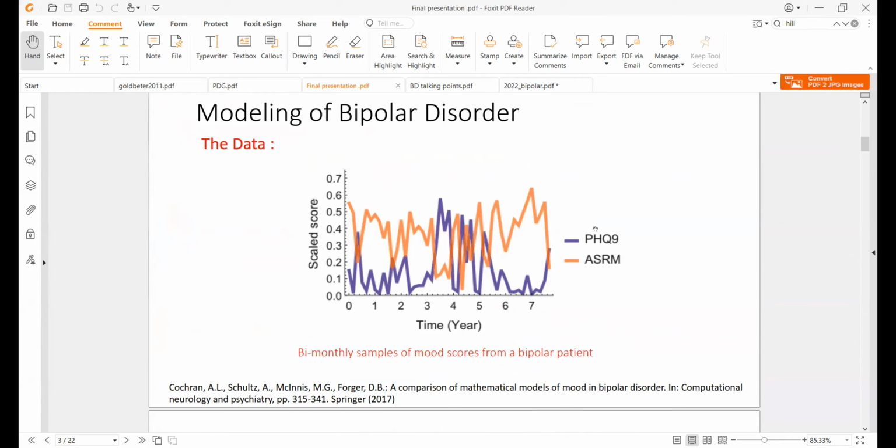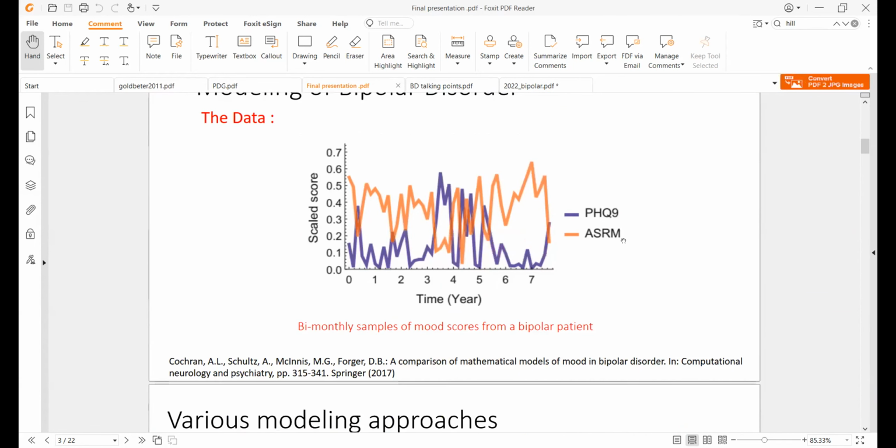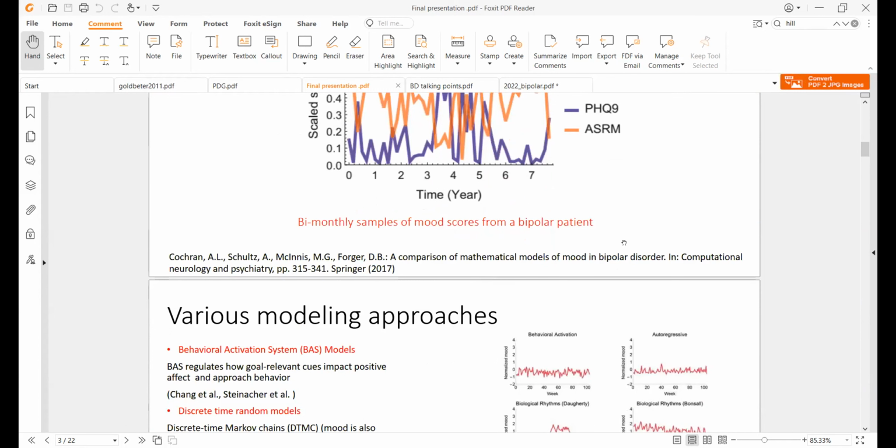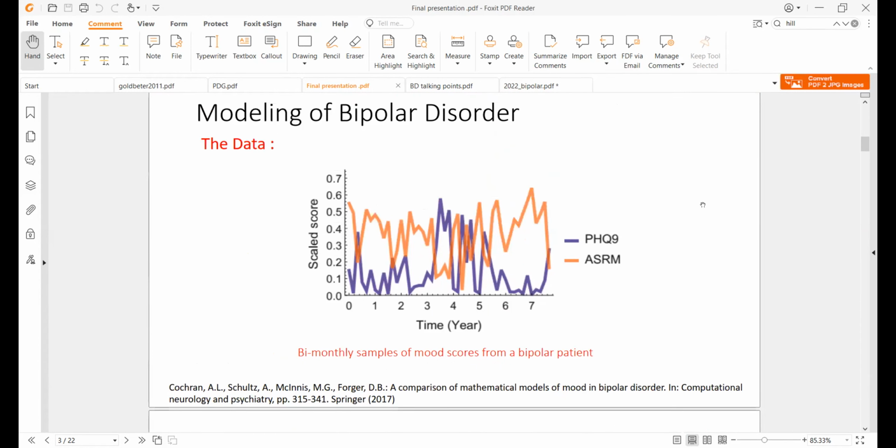We do not know exactly what they refer to, because this is a purely phenomenological model. And so the only thing it does is try to replicate these data. There is not a correspondence to a real biological substrate.